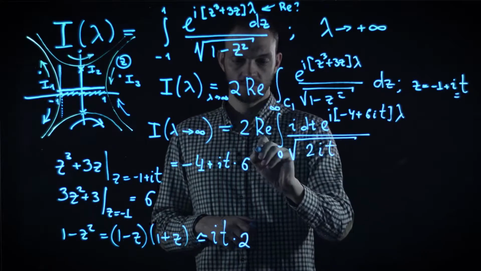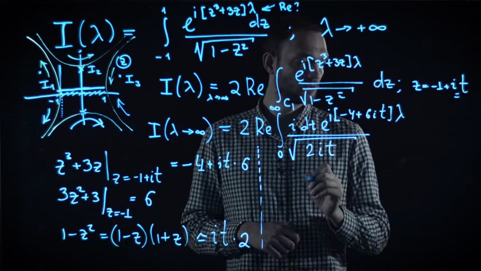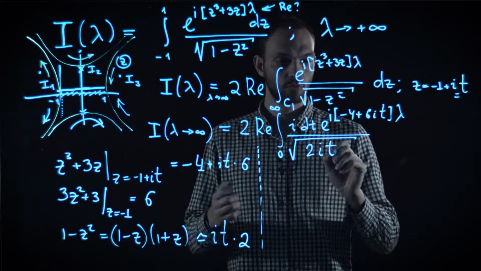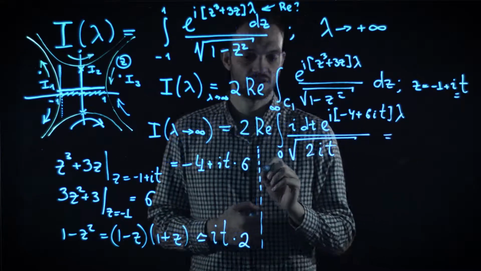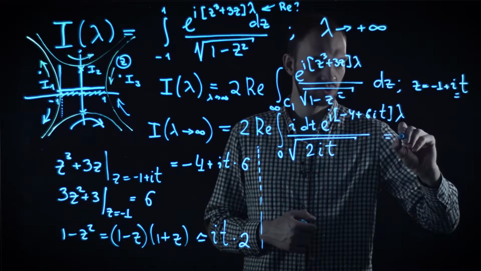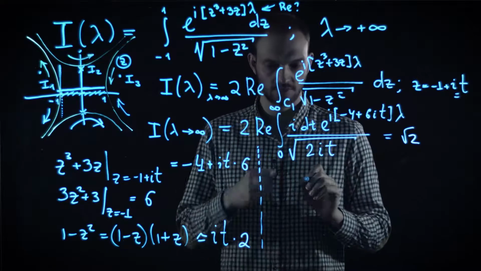So now we can perform an explicit evaluation, and of course there are some factors which simply factorize, such as the square root of 2, which comes from these factors.